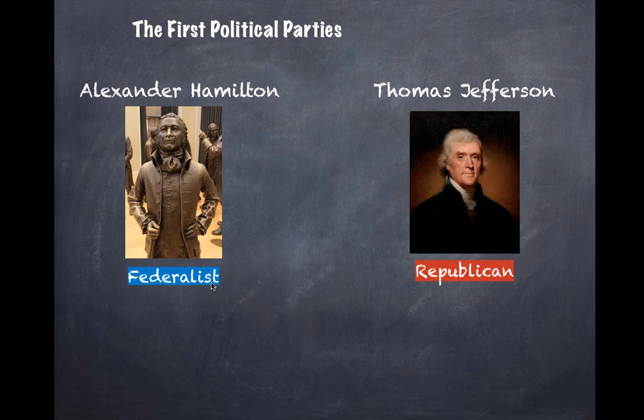powerful national government. On the other side, as the Republican representative, the leader of the Republicans, the Jeffersonian Republicans, was Thomas Jefferson. He was the Secretary of State. The Secretary of State's responsibility is to conduct relations with foreign countries, in other words, foreign policy.